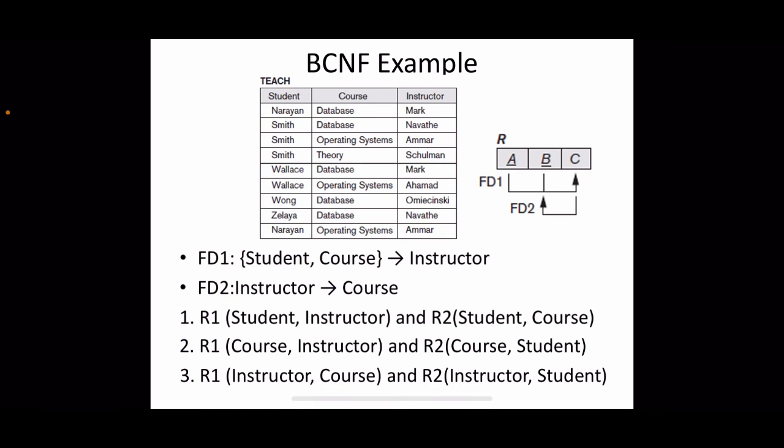That is, after decomposition, later we may have to join these different component schemas to get some information. We may apply some natural join to get information, right? Then no spurious tuples should be generated. That was the second condition.